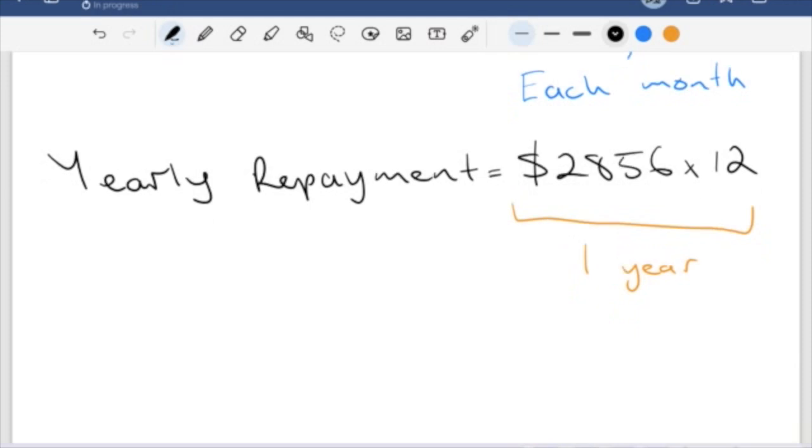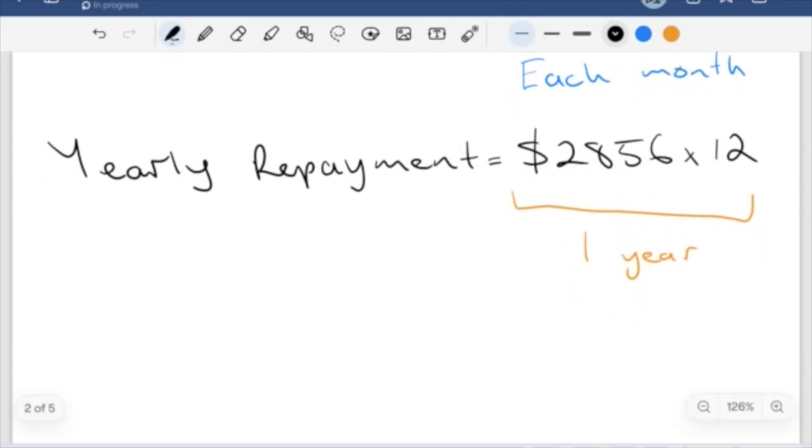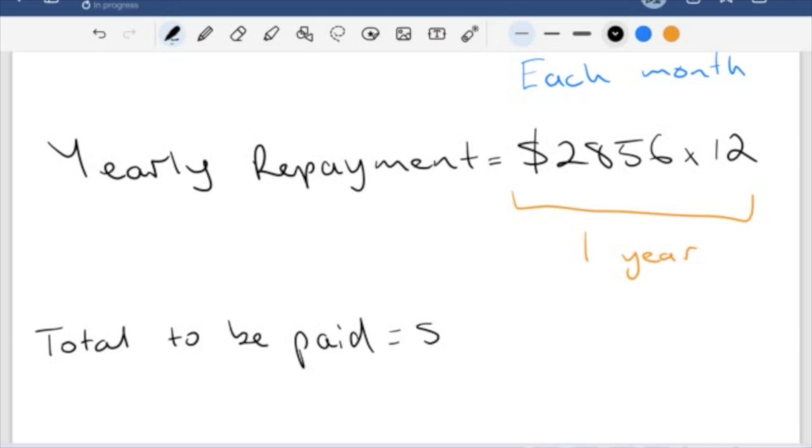So we can say our total to be paid equals 2,856 times 12 times 13.